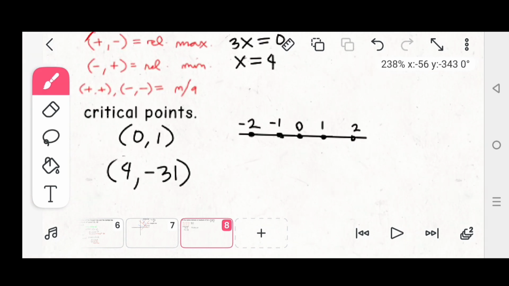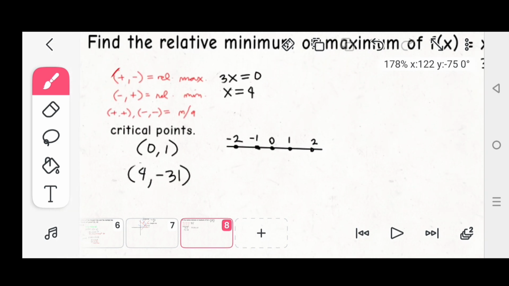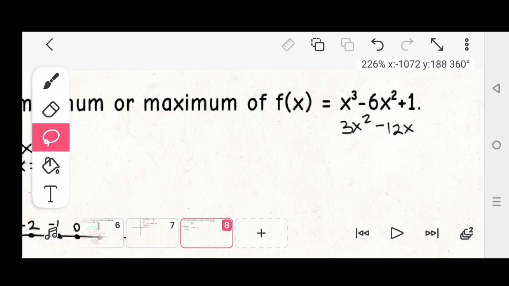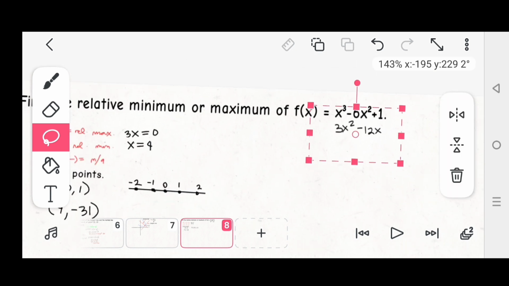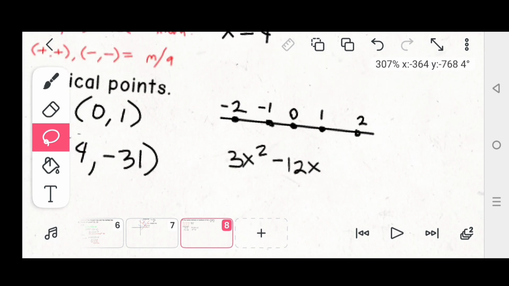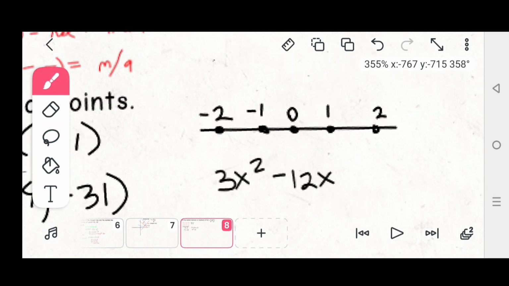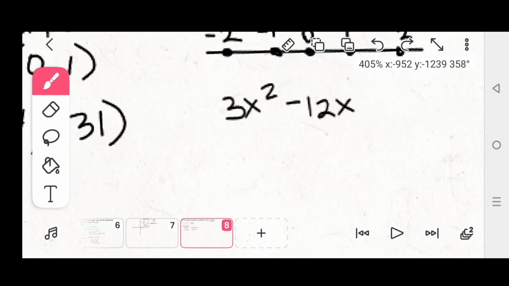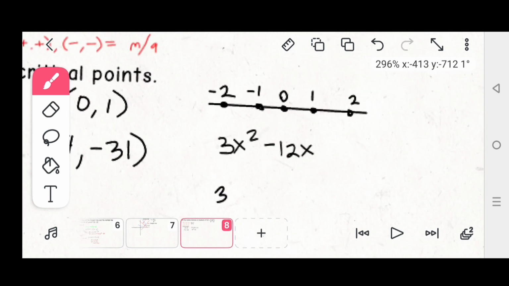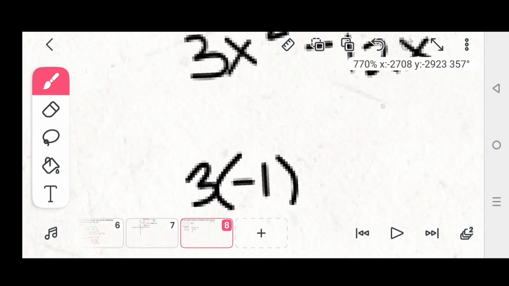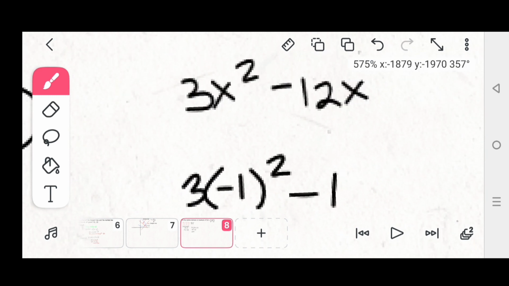After finding the critical points, we need to use the first derivative as a test. So let's use this one, and we can choose any number that is less than 0 and substitute it to the x.